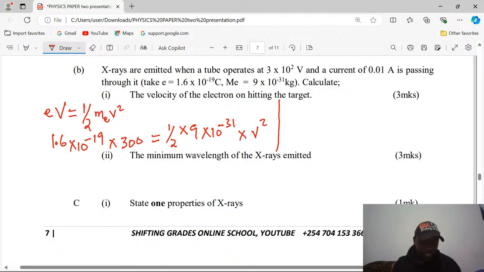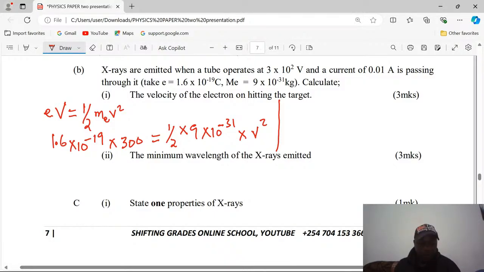So 1.6 multiplied by 10 power negative 19 multiplied by 300. Then we multiply by 2 first on both sides, then we divide by 9 multiplied by 10 raised to power negative 31.